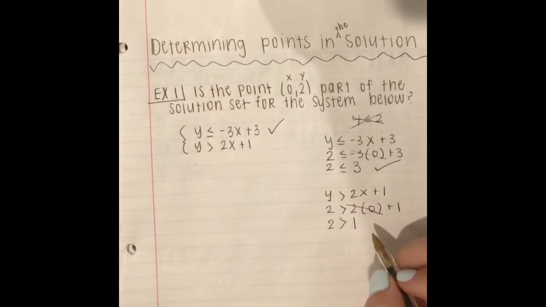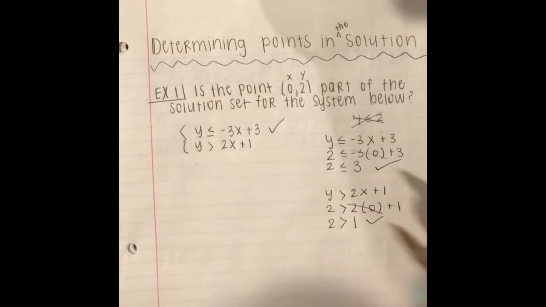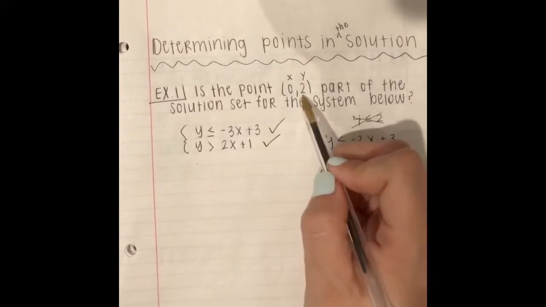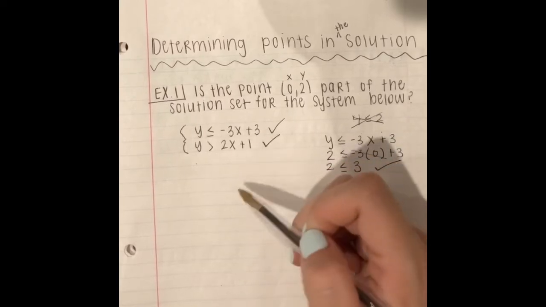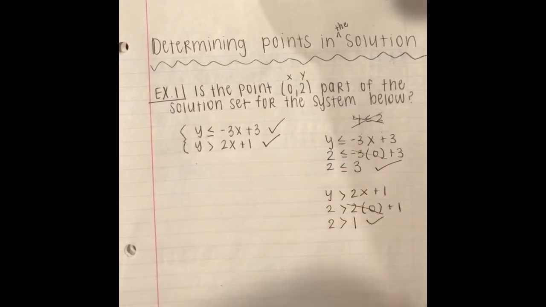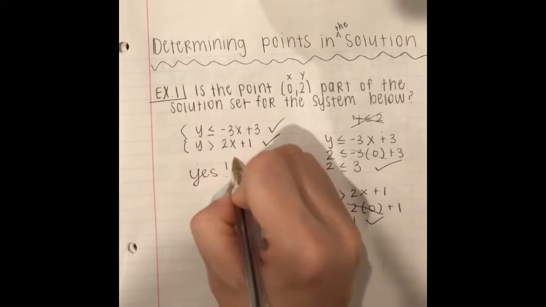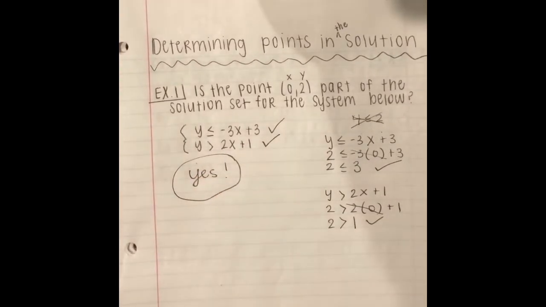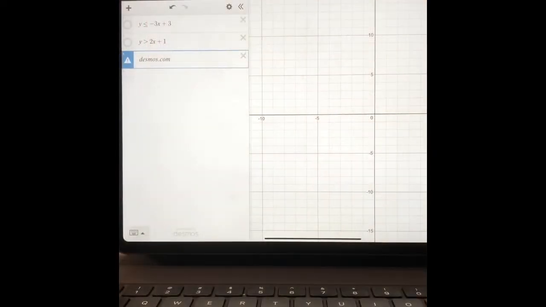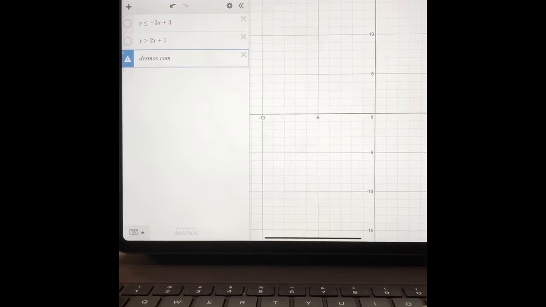So 2 is greater than 1. This is true, which means this point checks out for both inequalities. So is this point part of the solution set? Yes. Yay. And that's it.